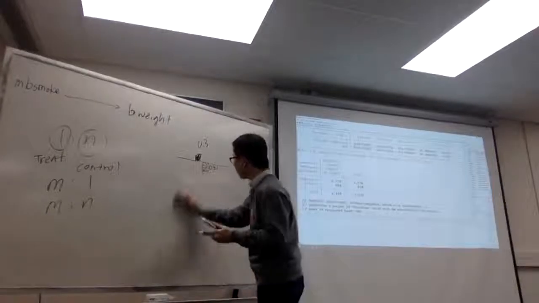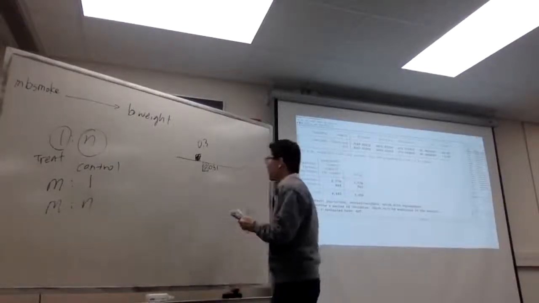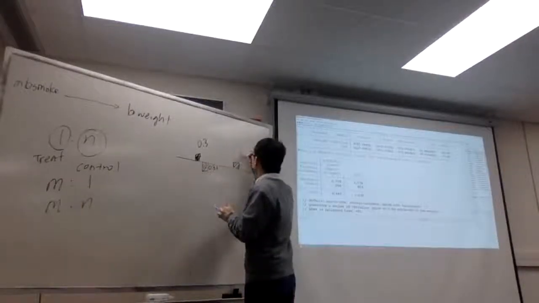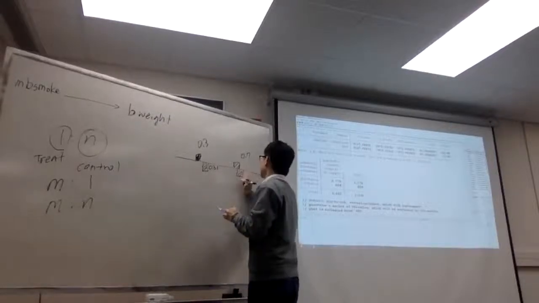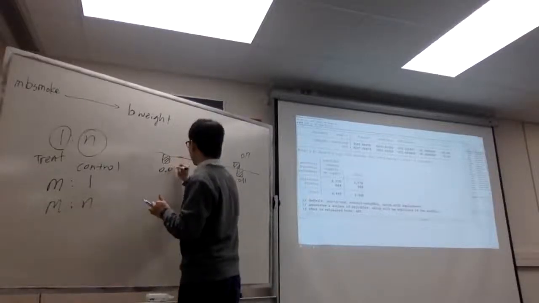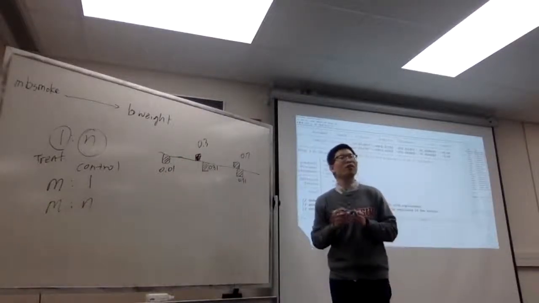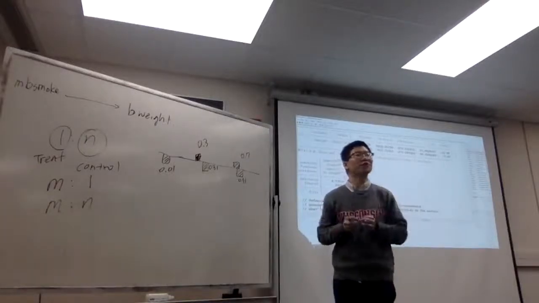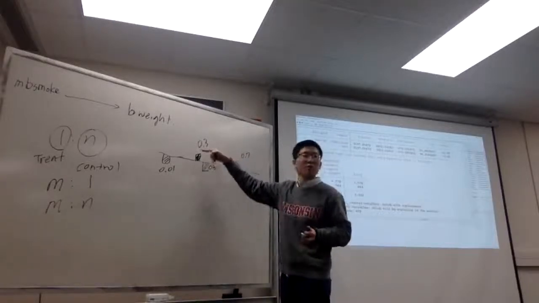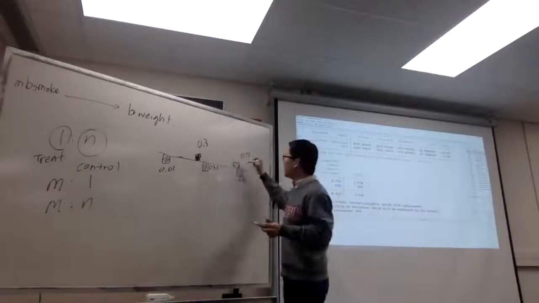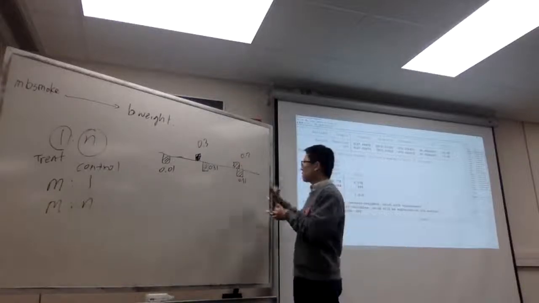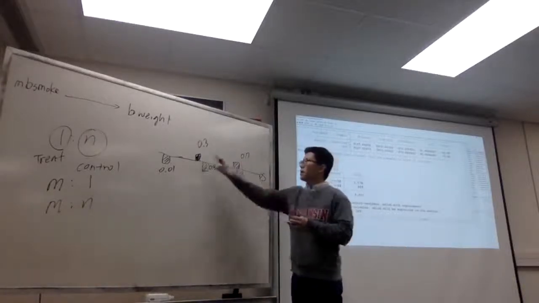Also, another thing here is that, let's say we have 2 cases, and then there's one case. If we're using 1-to-1 nearest neighbor matching, then these cases will be matched, and these cases will be matched, in terms of propensity score, nearest neighbors.